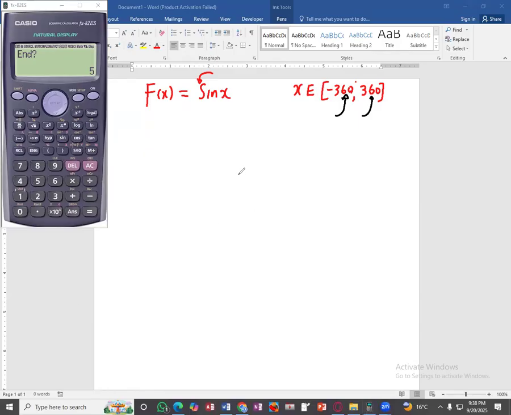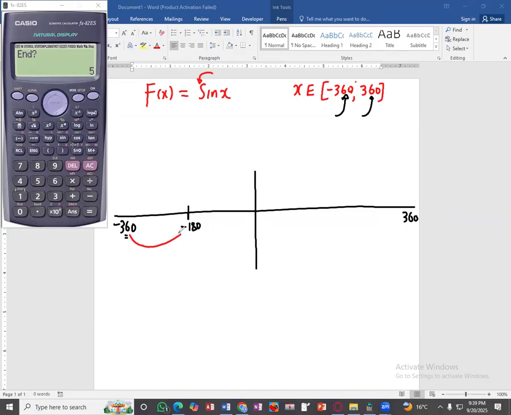Remember, we want you to sketch the graph from negative 360 and end at 360. But for now you say, okay, I'm starting at negative 360 and ending at negative 180. So the calculator will be able to give you the information for this first part, from negative 360 to negative 180. So let me end at negative 180 for now.